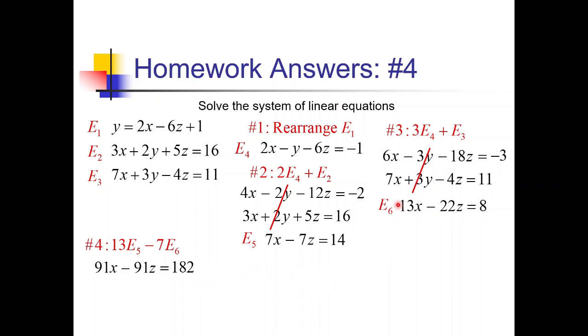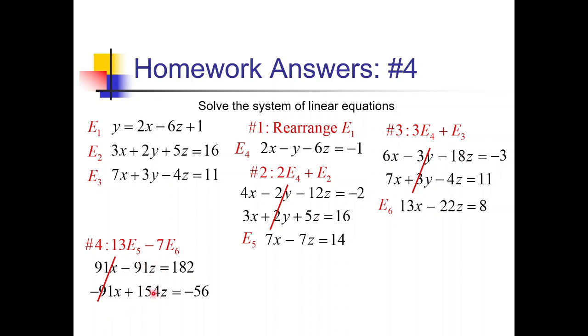Now let's do negative 7 times equation 6. So we have negative 91x in that case. Plus, this is going to be, let's see, 154z equals negative 56. So that wasn't totally horrible. Let me add these together. X's cancel.